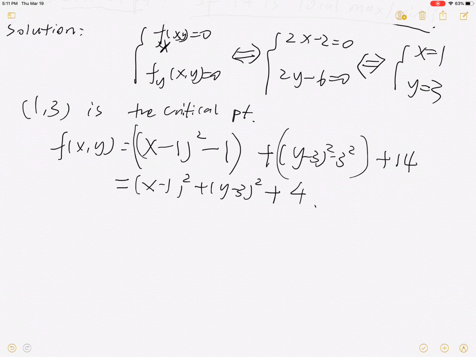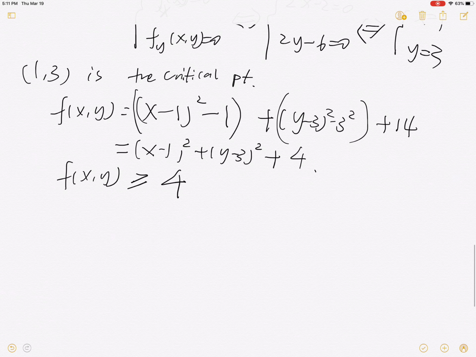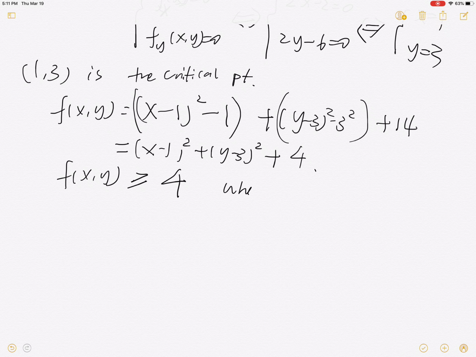Otherwise, you can keep it as is. Then from this, this function must be at least as large as 4. And when x is 1, y equals 3, it equals 4.